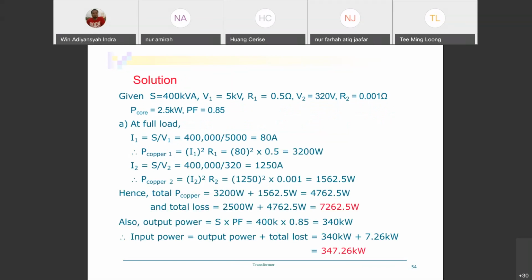So you have I1, primary current, A, and P copper loss, this is loss of copper. The formula is that one, I1 square R1, because R1 is given, 0.5. Okay, so you have loss of copper 1. Loss of copper 1 means P copper 1, loss of copper at primary side.